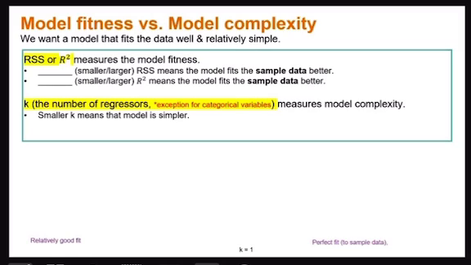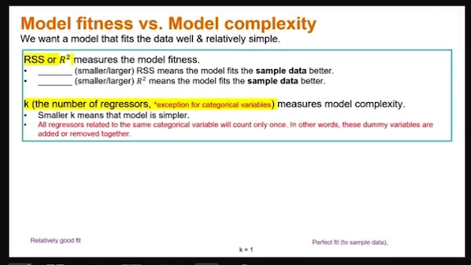The more regressors you have in your model, the more complex the model becomes, right? Now, what does a smaller k mean? A smaller k means the model is simpler, so I only have few regressors in my model.